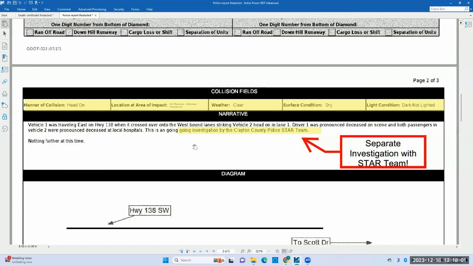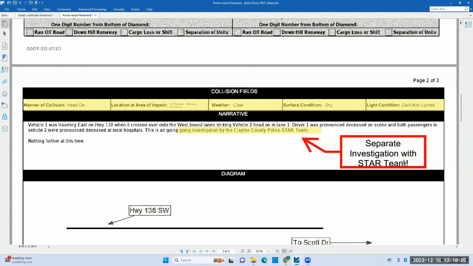And here's where it gets very important. It says this is an ongoing investigation by the Clayton County Police STAR team. So here we see that there's a separate investigation with the STAR team. This to the Krause Law Firm means that we need to make a separate request for a separate investigation report where we will have more information.